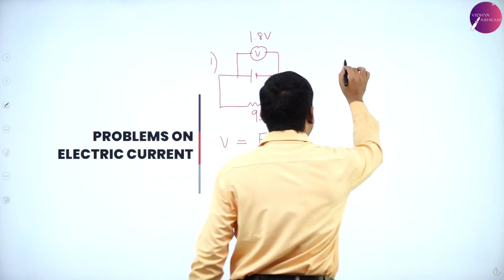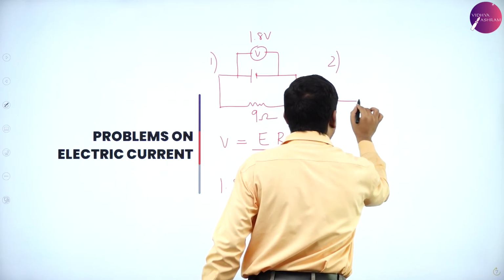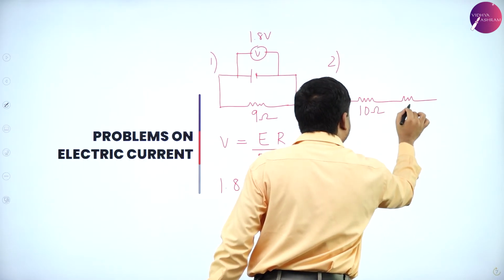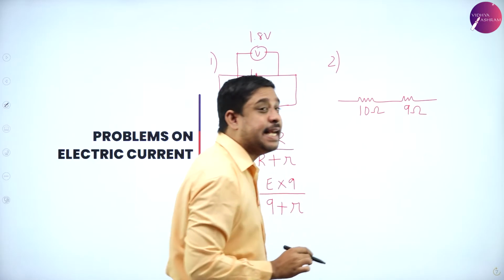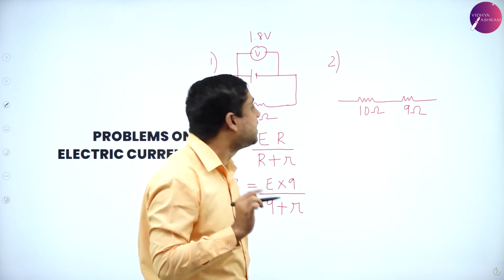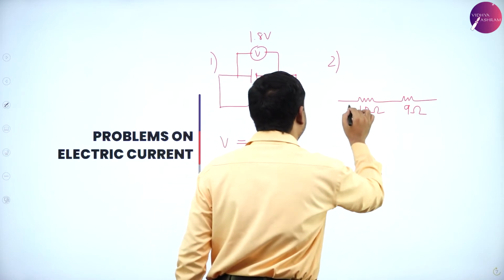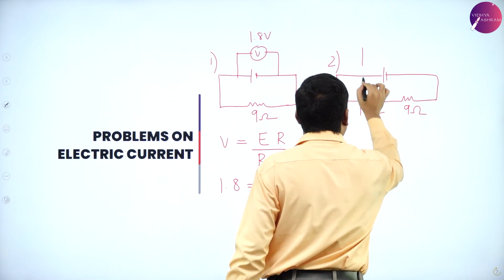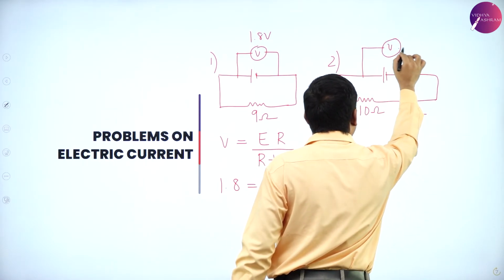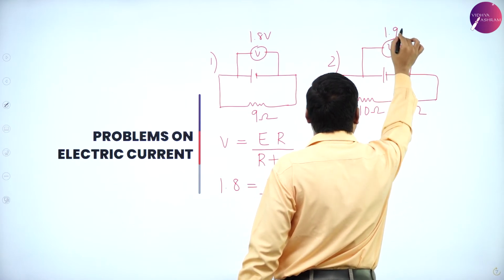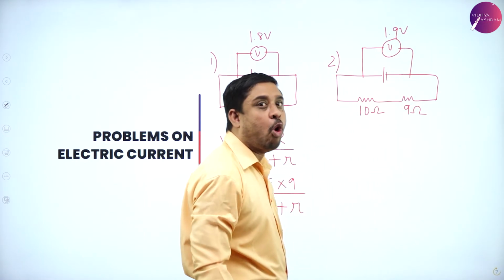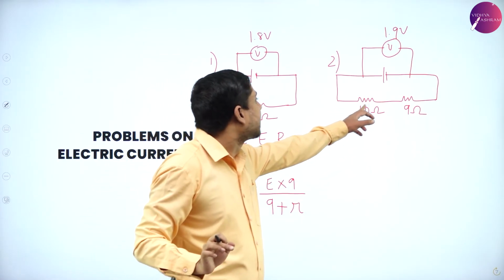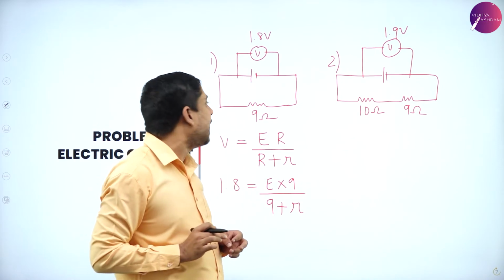So now in the second case, there is 10 ohm resistance which is connected, very clearly, in series with 9 ohms. Again, the cell, voltmeter. Now the voltmeter is reading 1.9 volts when 10 ohms is connected in series with 9 ohms.